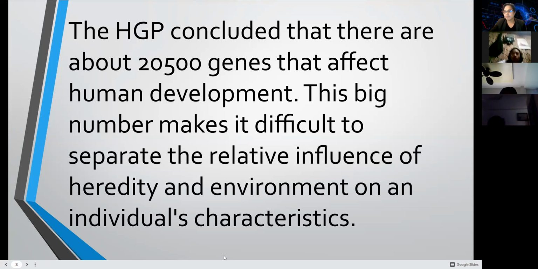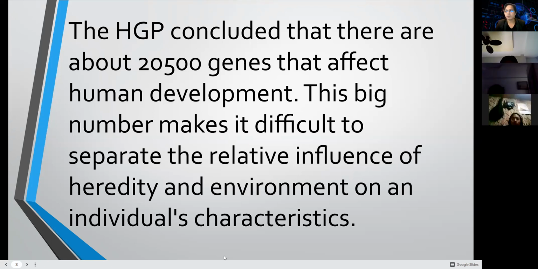Just like when you are exposed in a rural area, some of your characteristics are of the rural. If you're living in an urban area, your behaviors are different from the rural and from the coastal area. Those are influenced by environmental factors.